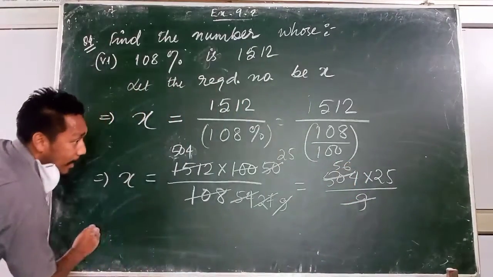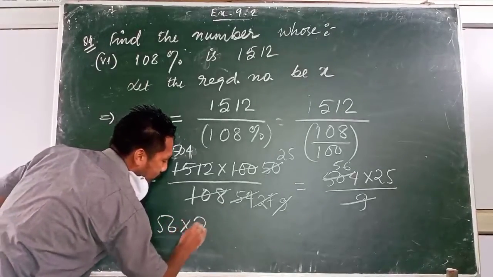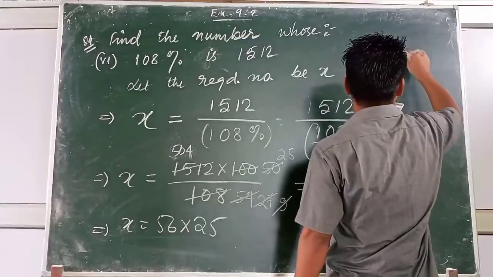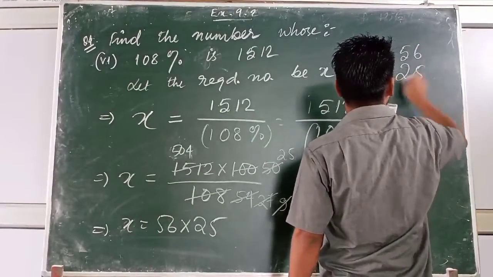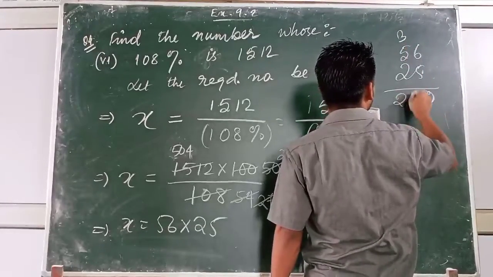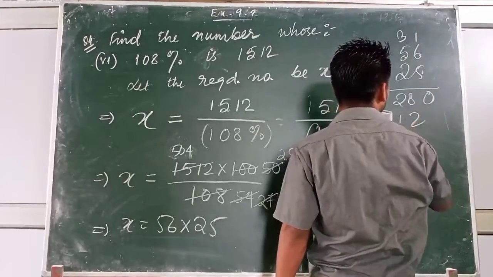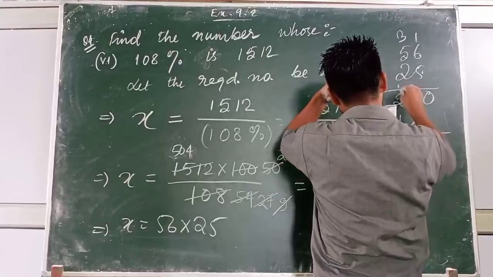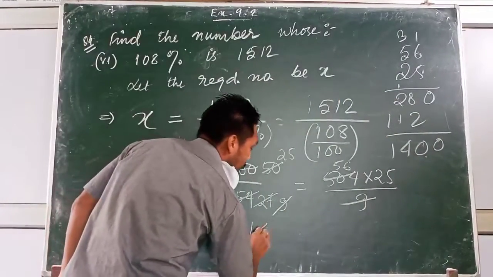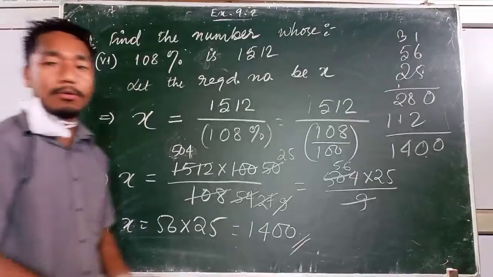Your answer is how much? X is equal to 56 into 25. If you multiply these two, 56 and 25, you get 1400. So what is the answer? 1400 is your answer. Your x value is 1400.